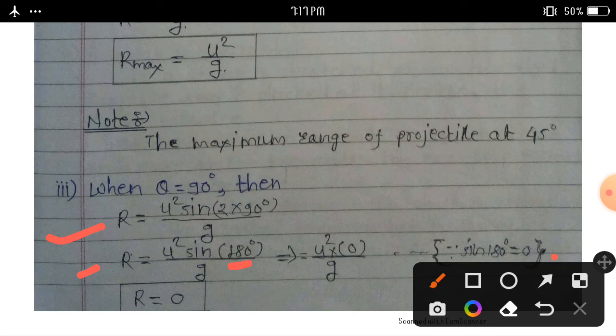Sine 180 becomes 0, so u square into 0 upon g, which means R is equal to 0. Hence the minimum range of a projectile is at 0 degrees and 90 degrees. In this way we can calculate the horizontal range of a projectile at different angles.